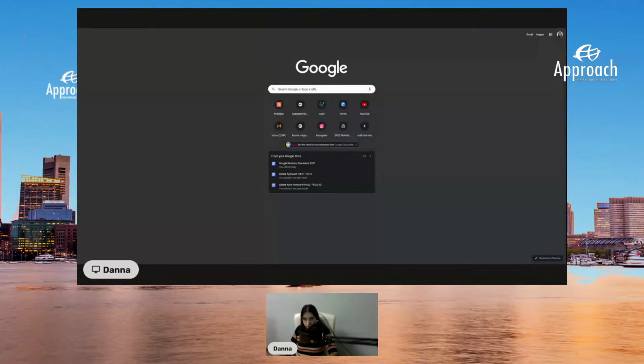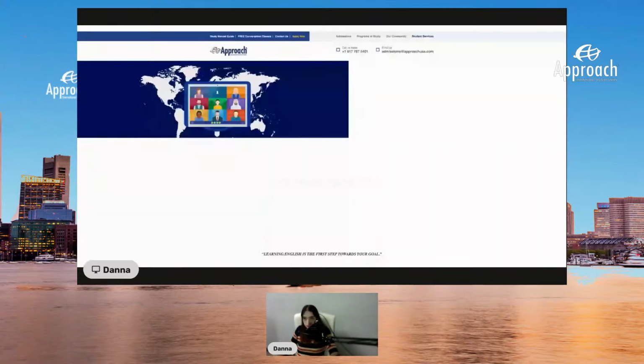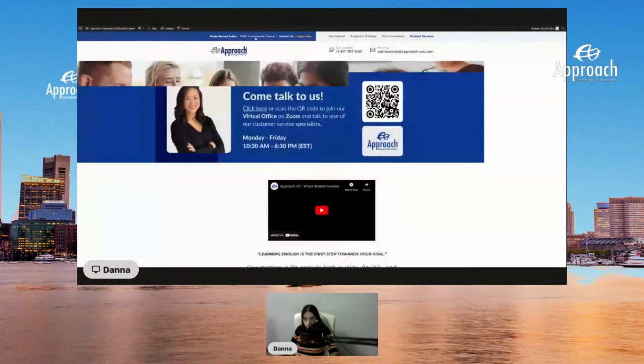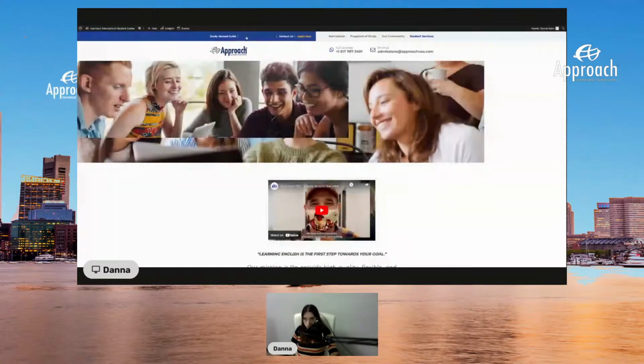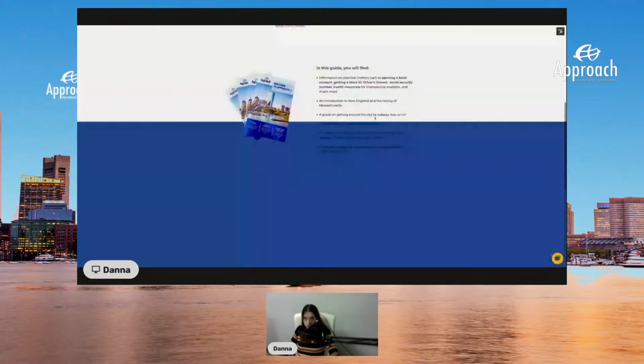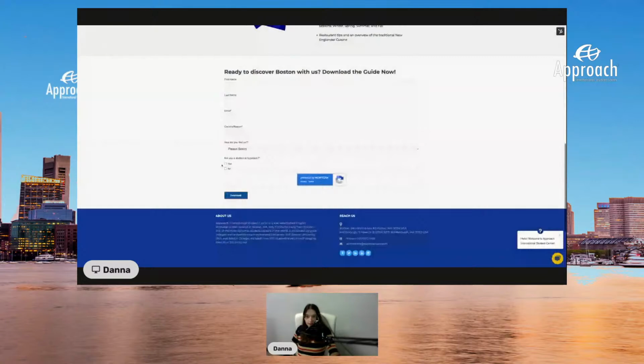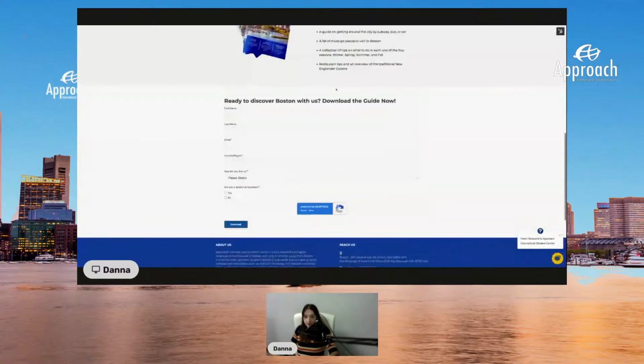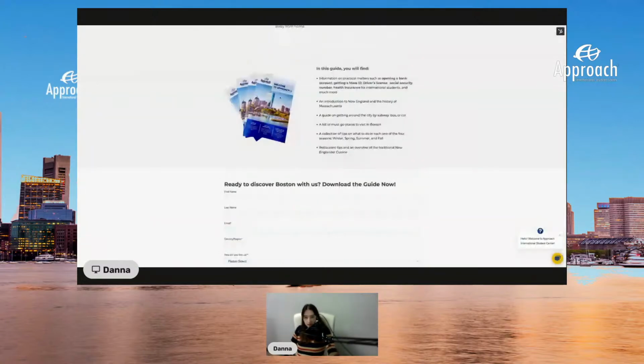It's taking a bit longer to load, but we'll get there soon. Now we go to Study Abroad Guide on the left. And that's it. Now all you have to do is fill this out and download the Welcome to the US guide, the Welcome to Approach guide.